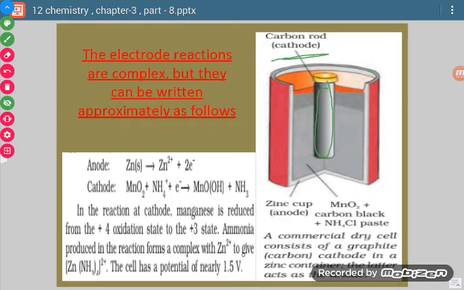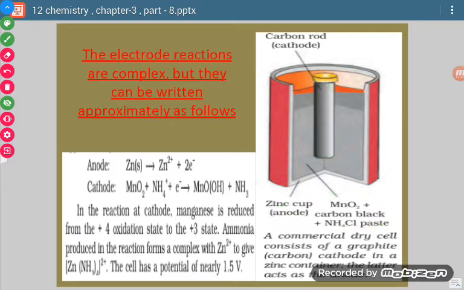And this is the zinc container in which the whole thing is packed, that acts as anode. Now this is surrounded by manganese dioxide and carbon, and there is the presence of ammonium chloride and zinc chloride. Okay, so this is the paste which surrounds this.